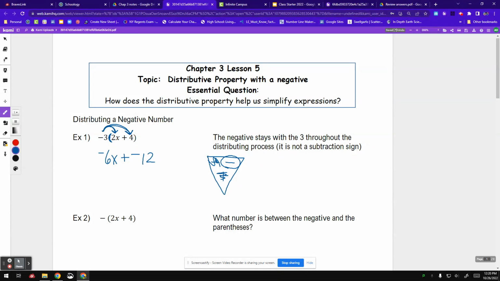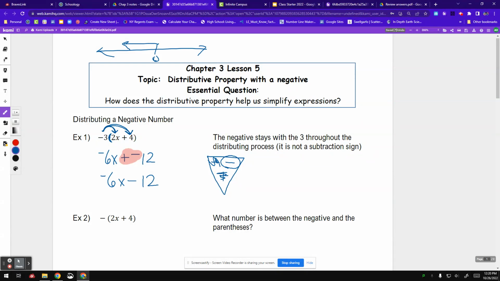Now, if you look at this, it starts to get a little gobbly-goopy and confusing. What we'd like you to start thinking is, if I'm adding a negative, I'm putting a negative together with something else. I'm really subtracting. So I could write this as 6x minus 12.